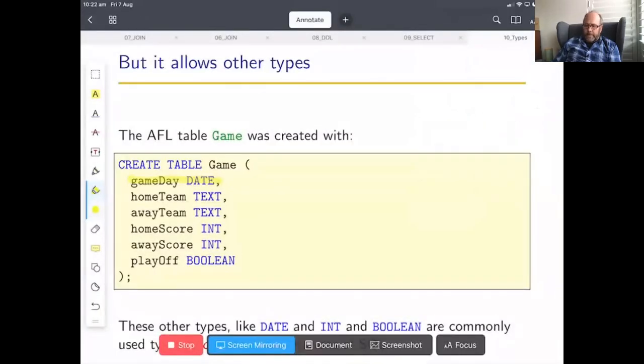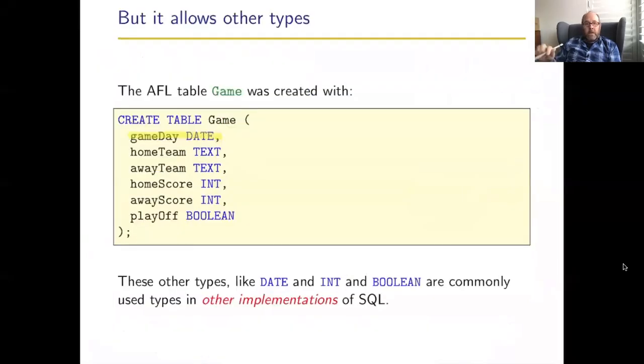Then we had home team, which was text, just a text string like Fremantle or West Coast. We declared the scores, the 2 scores, to be integers. And we declared the playoff field to be a Boolean. And a Boolean, of course, is a type that takes on only 2 values, true or false.